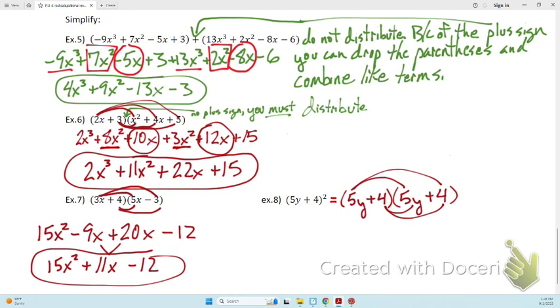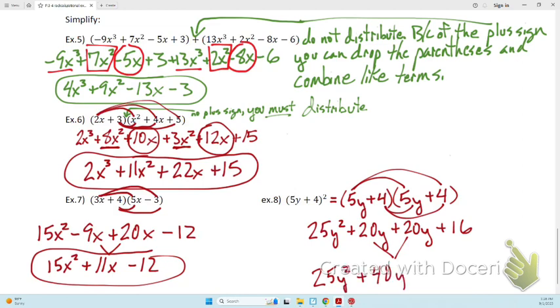All right? We end up with 25y squared plus 20y plus 20y plus 16. You should have 4 terms. Now 2 of them combine, and we end up with this final answer.